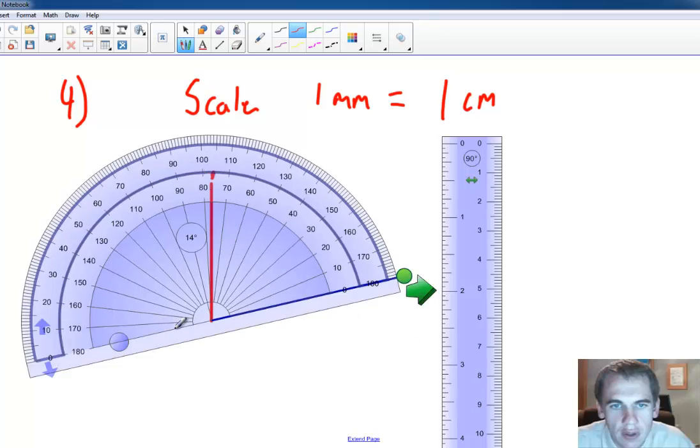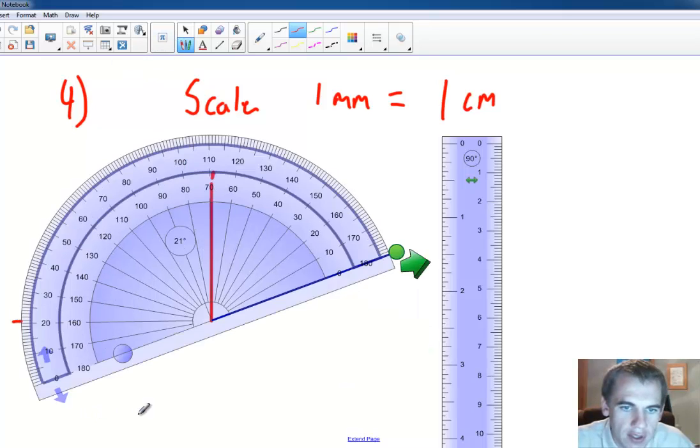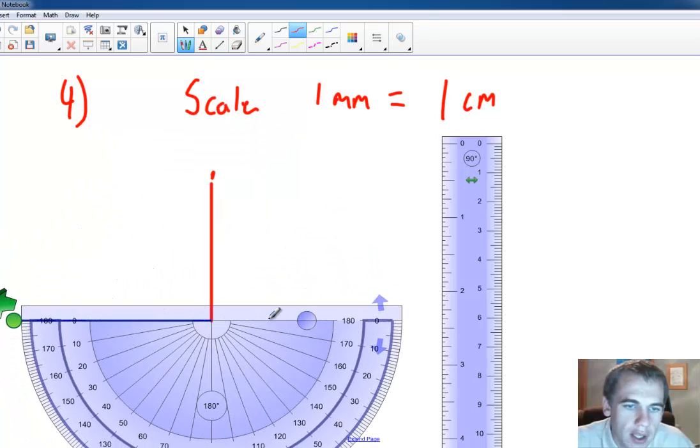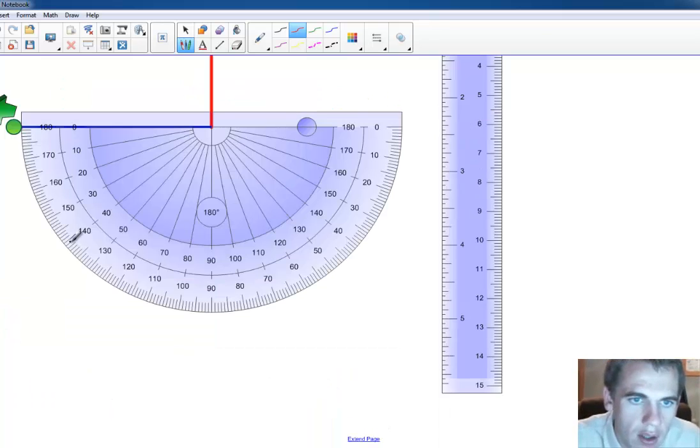So I'm going to rotate it back this way first, just so we can see 90, and I'm going to put a mark at 0 degrees, so that when I rotate it around I know where 0 degrees is. Now I can measure southwest, which is really 45 degrees. 45 degrees is right here, and now I can connect up my 2 lines.